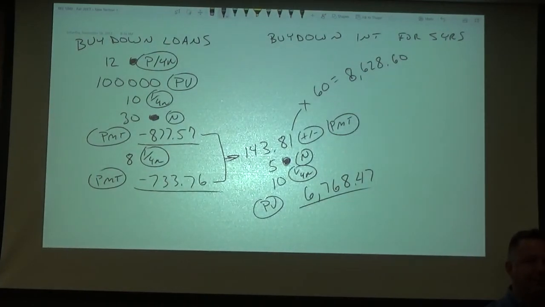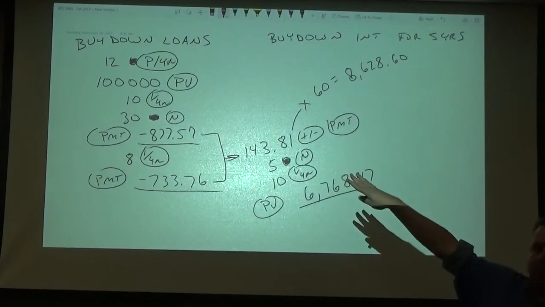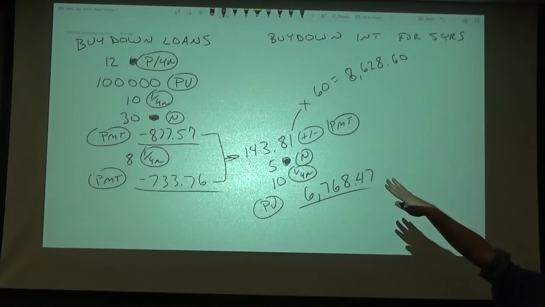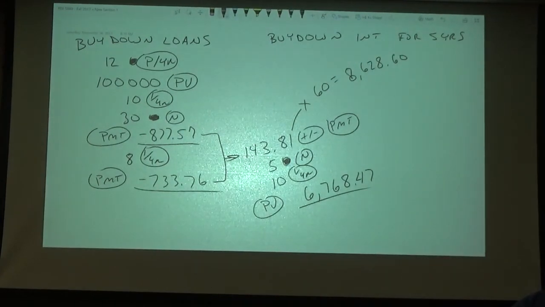Does that make sense? In other words, let's just say $100,000 is the full asking price of the property originally. They could technically now say the property is really $106,768.47, and that would, in essence, from an out-of-pocket perspective, be equivalent for a buyer to going out and getting the 10% loan versus getting the special deal of the 8%.